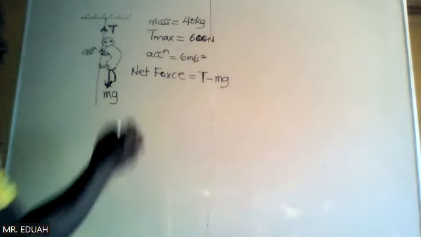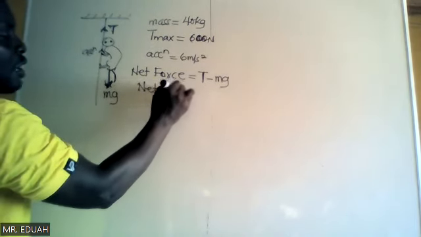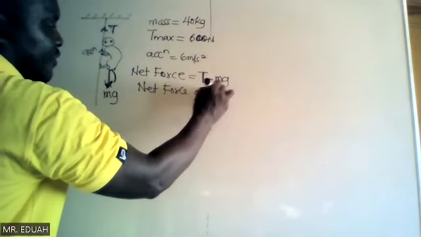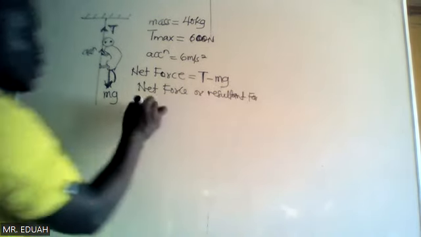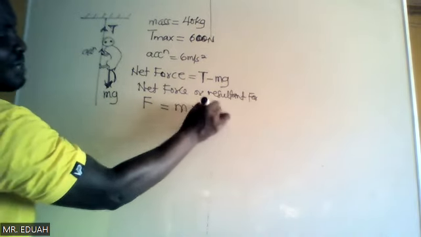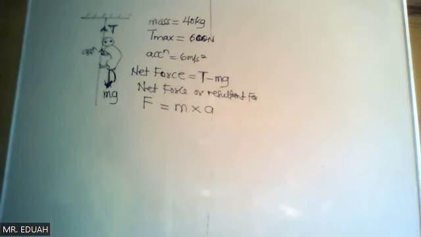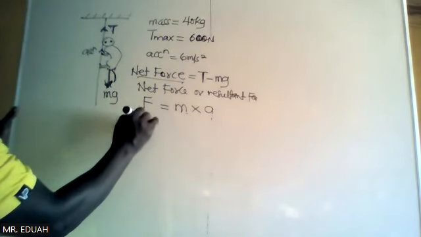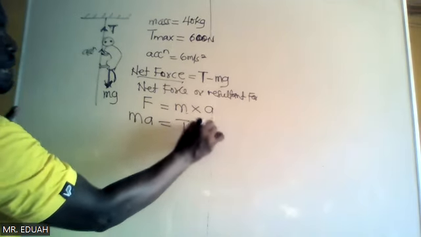Now Newton is saying that whenever there is a resultant force, a body accelerates. So the resultant force is equal to the mass of the body times the acceleration. This is Newton's second law. So we equate the net force to ma. So ma would be equal to T minus mg.